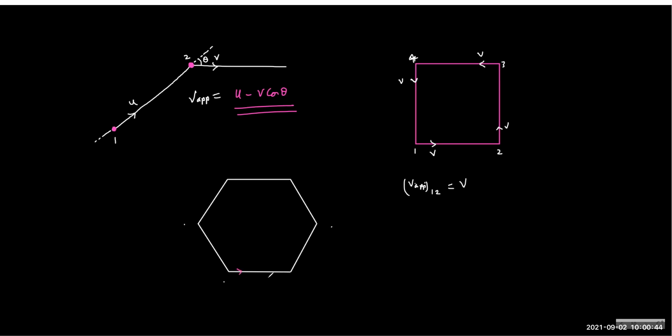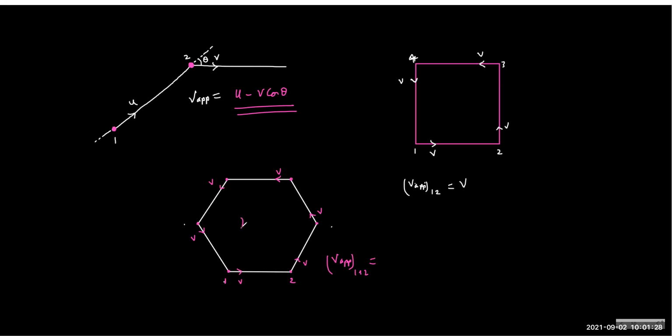Now let's say this is a regular hexagon and every vertex is representing a particle, and every particle is trying to move towards the other particle. This is a very common situation of approach questions. If I choose any two particles, 1 and 2, what is the V approach between 1 and 2?